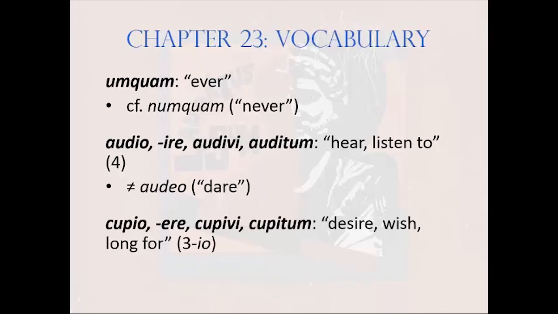The next word is another verb, cupio, cupere, cupivi, cupitum, meaning desire, wish, or long for. It belongs to the third io conjugation. This verb expects a complementary infinitive, desire to do something.